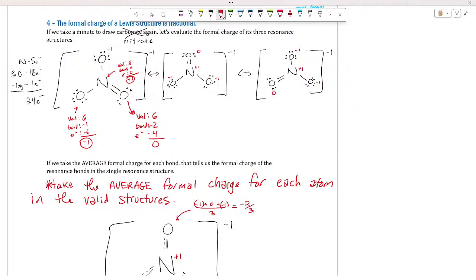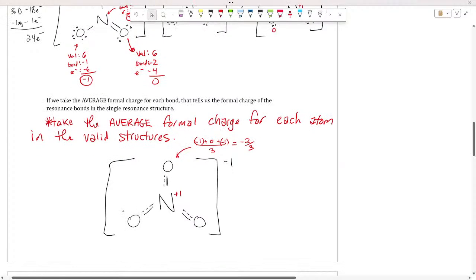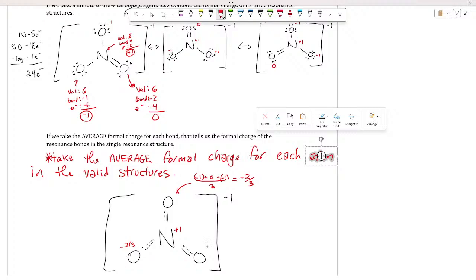And can you see that we do that for each one? This one would be -1 plus -1 plus 0, divided by 3, which is -2/3. And this one over here would be 0 plus -1 plus -1, which is -2, divided by 3 is -2/3.